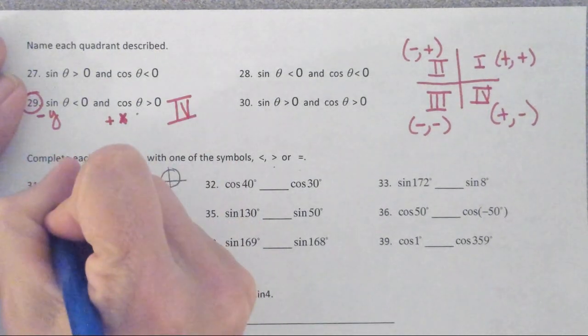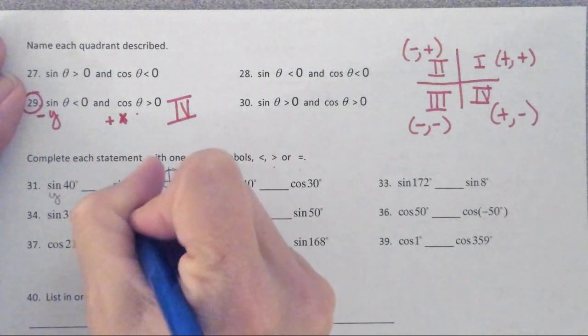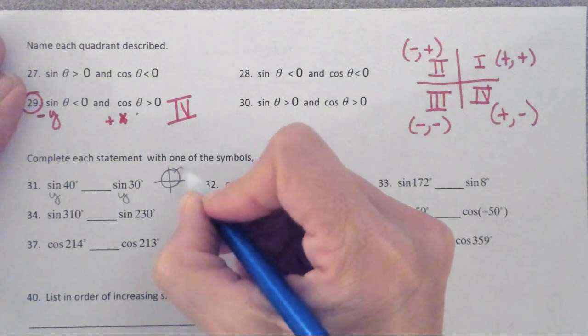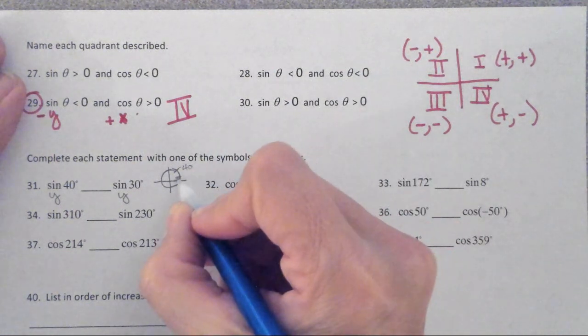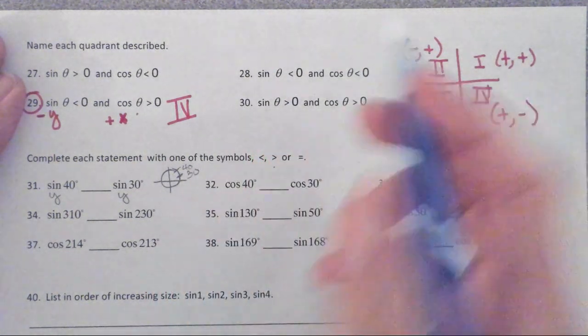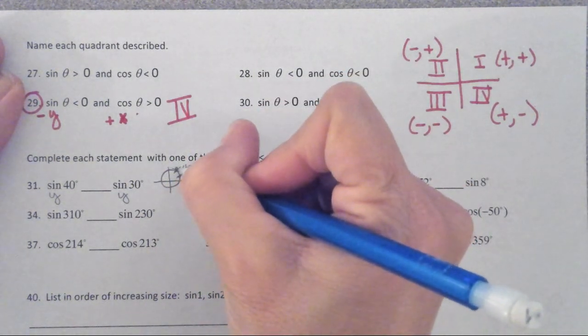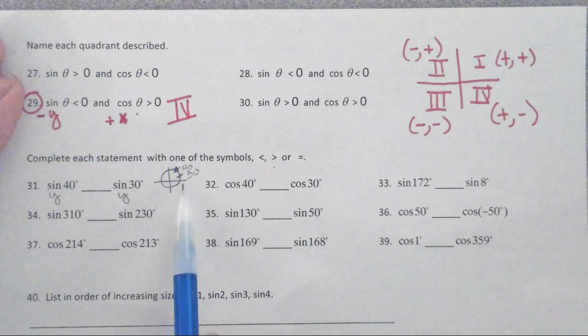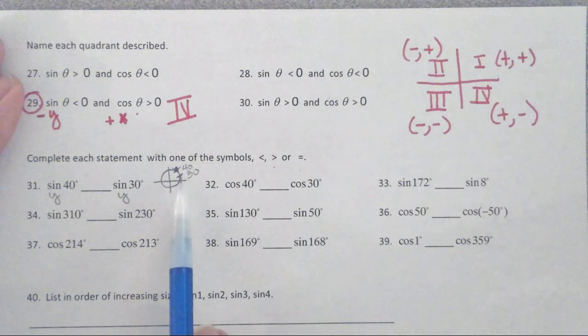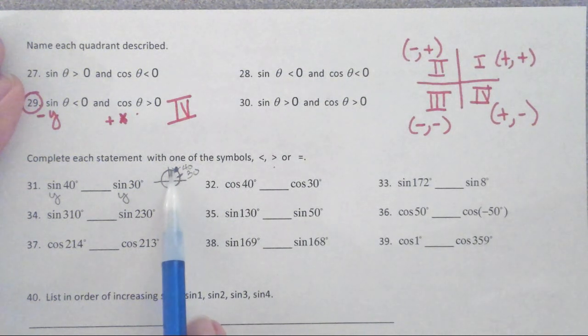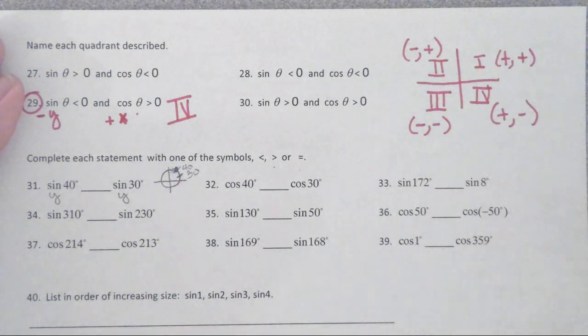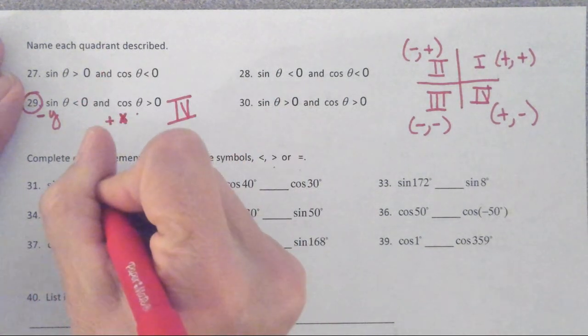So first thing I'm going to remember is that sine means my y values. 40 degrees we'll say is right here, and 30 has to be right below it. So are the y's at 40 degrees bigger or smaller or equal to the y's at 30? Well, since we're talking about y's, I can see that 40 degrees is way above 30 degrees. So it's greater than.